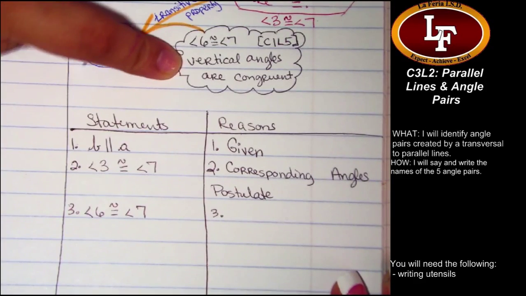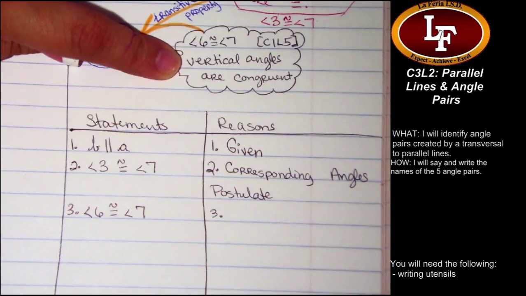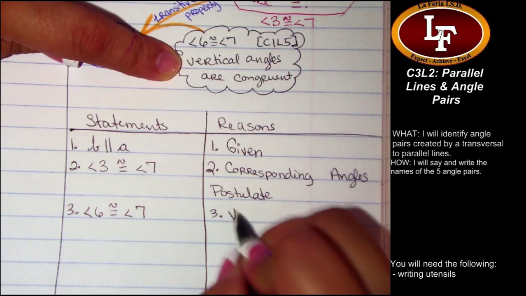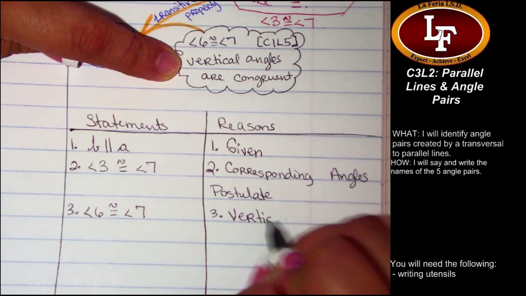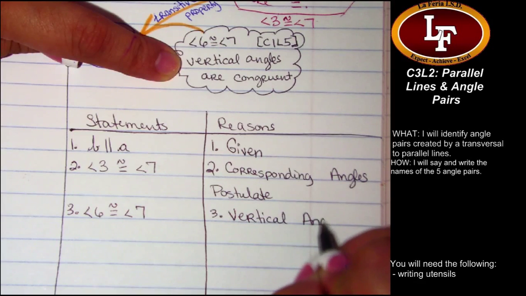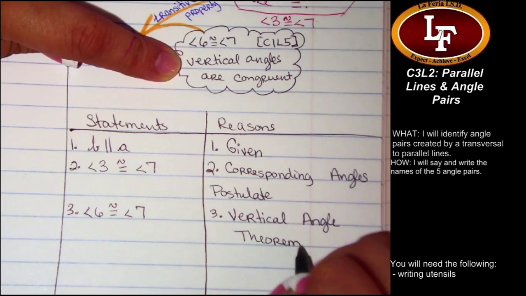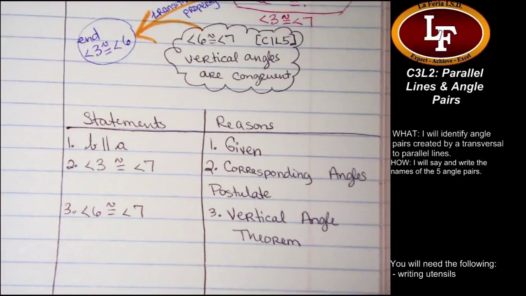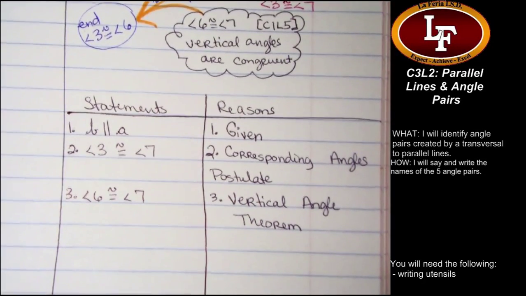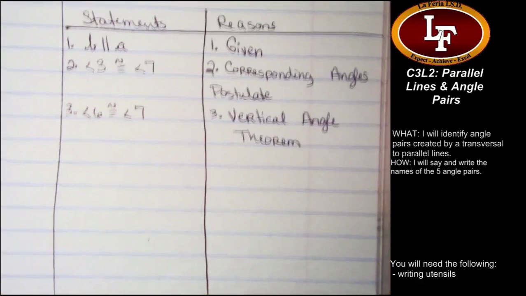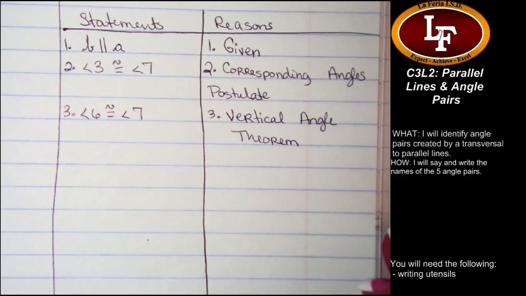And here's the formal name for that sentence: the vertical angle theorem. And notice that there's a difference between postulates and theorems. Remember, postulates are, Mom, because I said so, and theorem is the why. Okay? And someone found the why, and now it is true for all time.